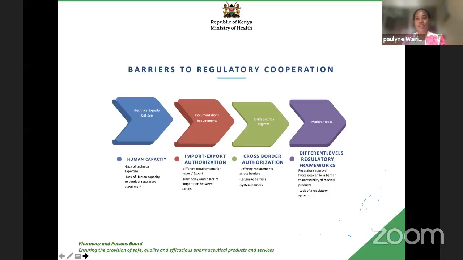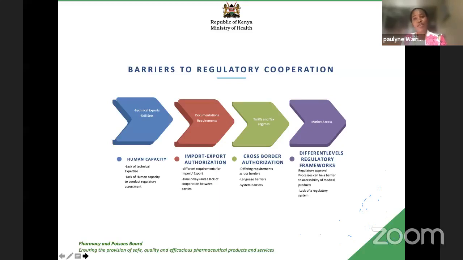Again, this fragmentation, these differences that exist in our market, are a barrier, and also cause different regulatory approvals. Again, it goes back to what are the standards we have in place? What are the requirements, or what is the benchmark we are using? Because if we have different benchmarks, it automatically means we have different requirements.